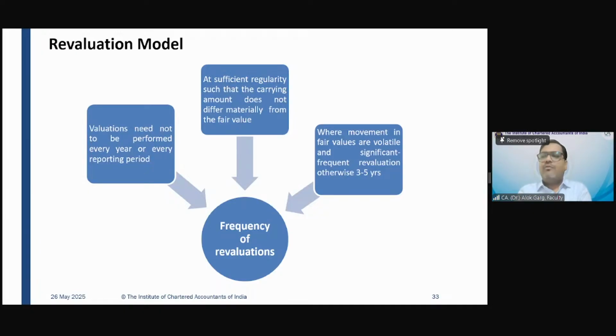So you have to make your best efforts to identify the fair value. If not, then you can apply an analogy with the intangible asset standard. Analogy means similar treatment to the intangible asset standard. But before that, you have to put in all your efforts, like what is the value of a similar asset and how we can arrive at that price. So you have to do all those aspects.